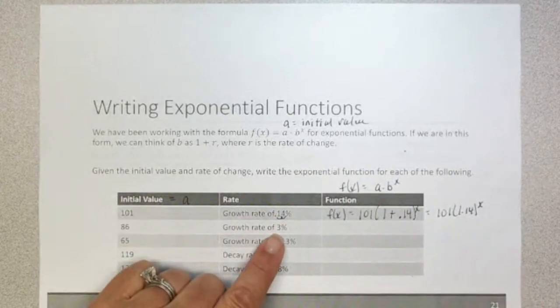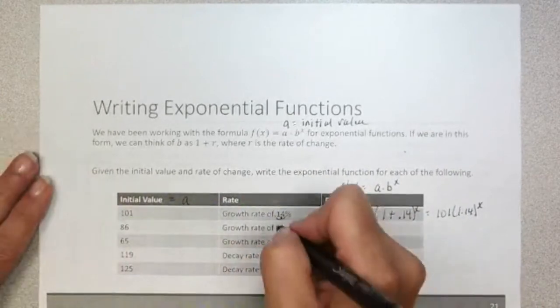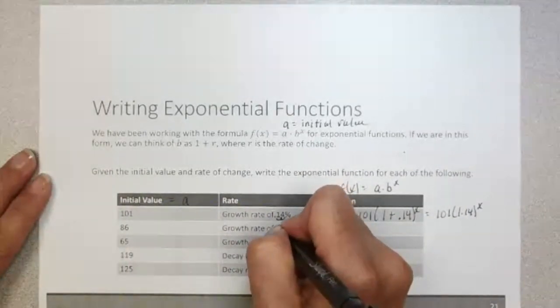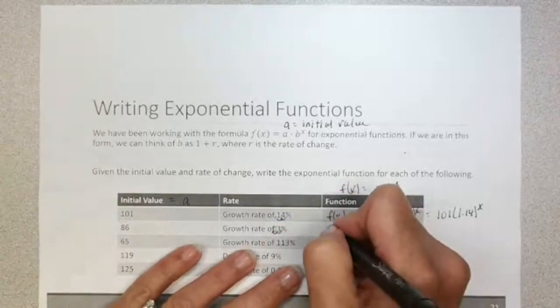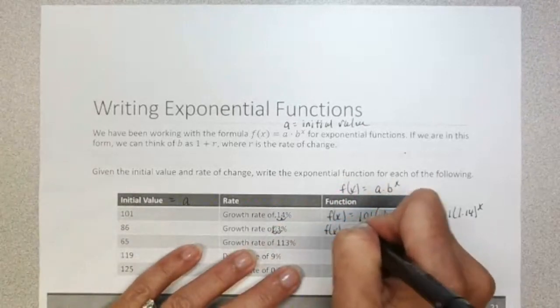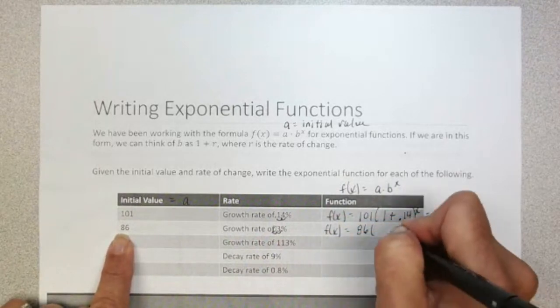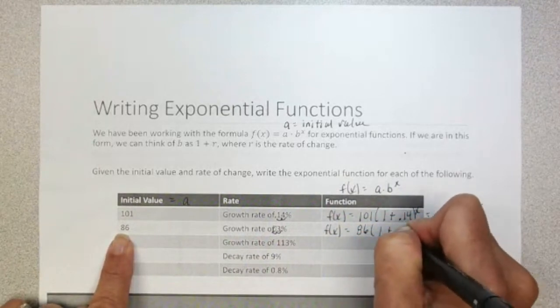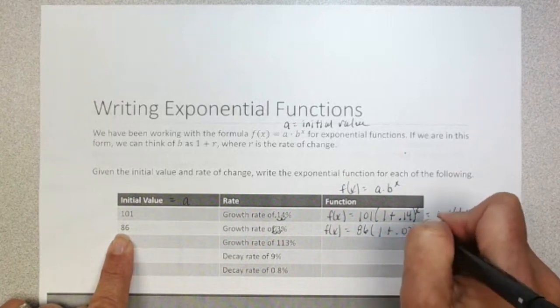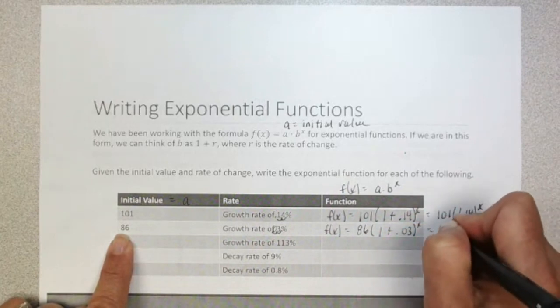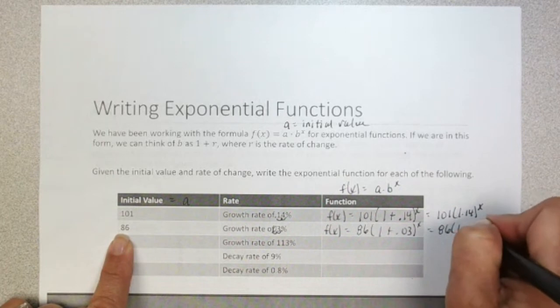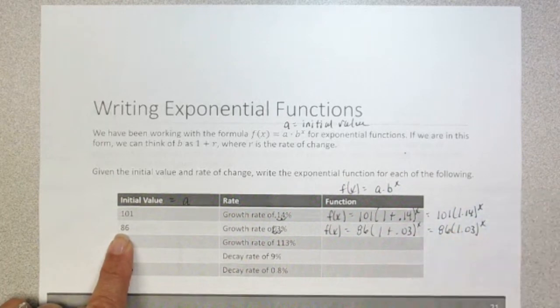Okay, what if the growth rate is only 3%? We've got to move that decimal over 2 places. Oh, we're going to need a 0 there as a placeholder, right? That means my function is going to be my initial value, this time it's 86, times 1 plus 0.03 to the x power, or 86 times 1.03 to the x.